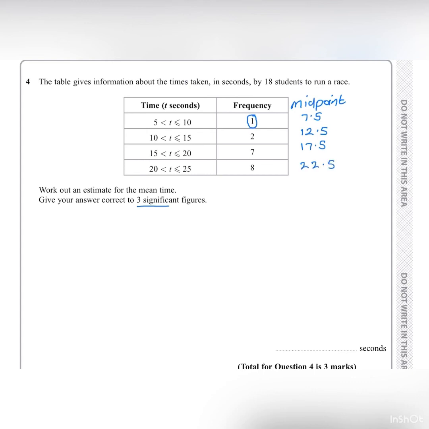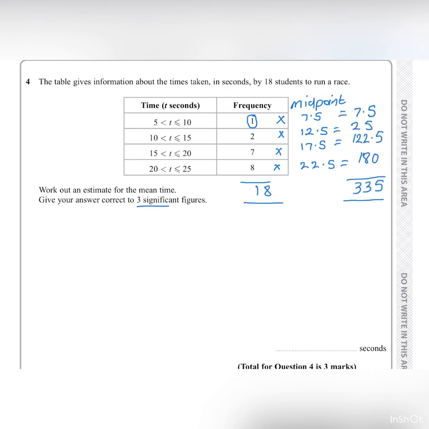So one person completed between that time, so multiply each of these midpoints by the frequency, and write your answers out here, and that will give us the total time. So we will need to add all those values together and then divide by the total number of students, which were 18. Okay, so let's work that out.